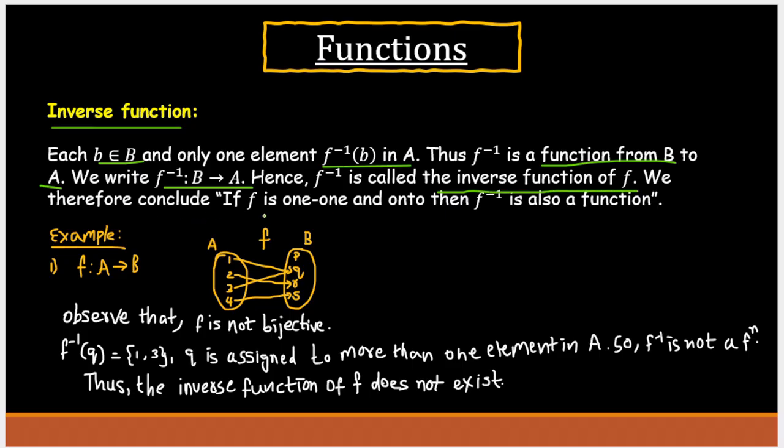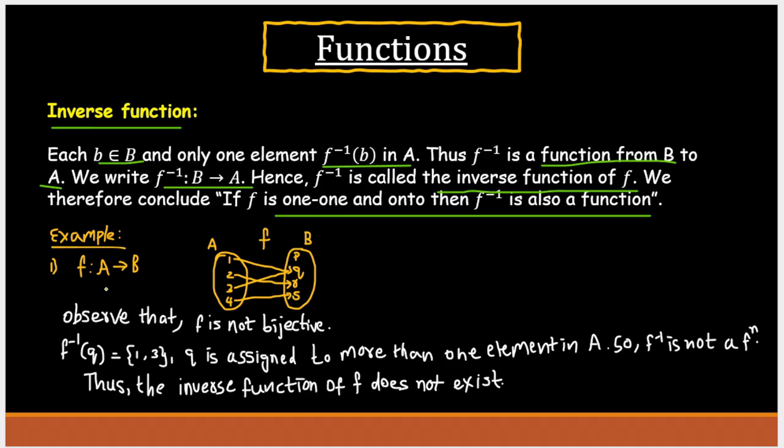We therefore conclude if f is one-one and onto, then f inverse is also a function. If a function becomes a one-one function and onto function, then it must be an inverse function. It can also be an inverse function.